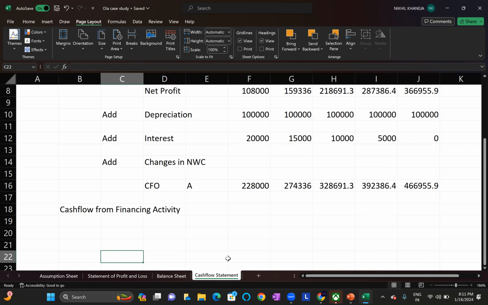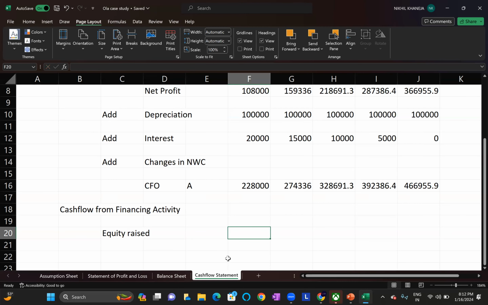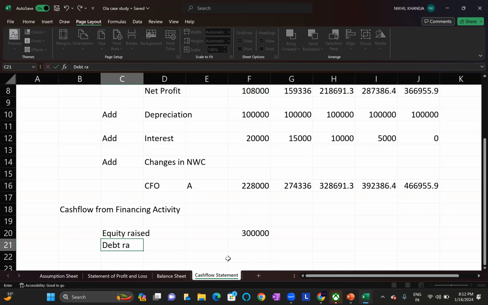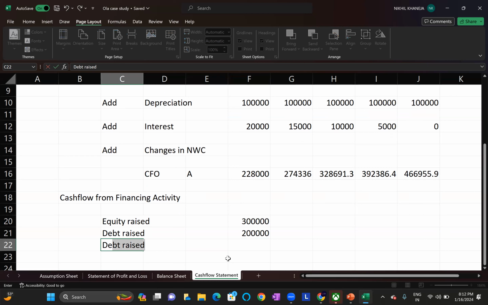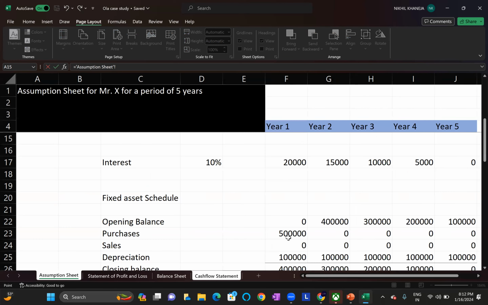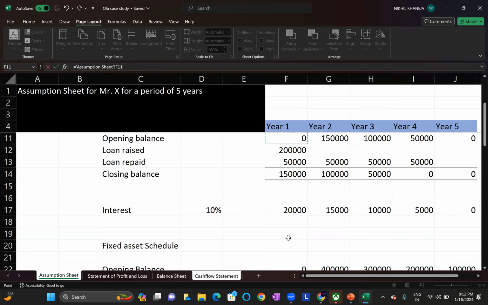In financing activity, first of all, we will take equity raised, nothing but the amount of capital introduced by the owner. Then debt raised. It is nothing but the loan taken of rupees 2 lakhs. Then debt repaid. Debt repaid is the repayment of debt each year. In the debt schedule, we will be getting this amount, this 50,000 each year.